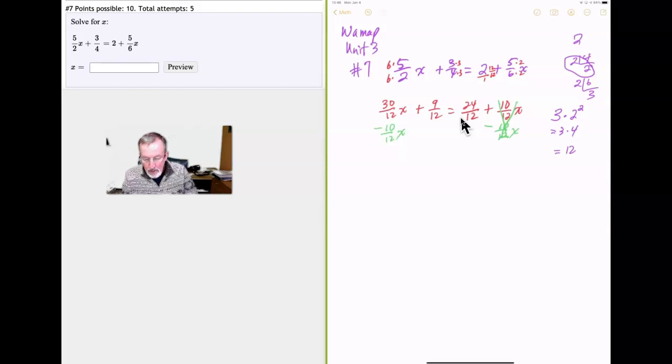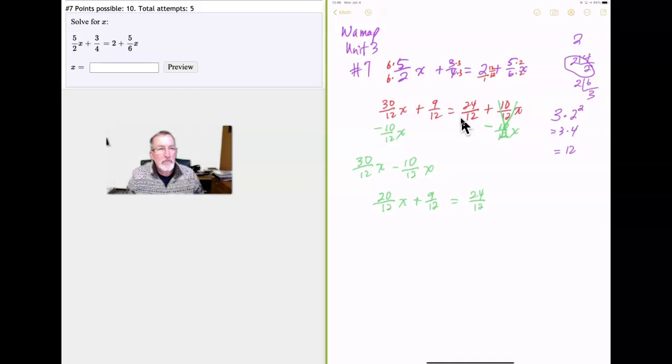And over here we have 30 twelfths x minus 10 twelfths x. So 30 twelfths minus 10 twelfths will give you 20 twelfths. 20 twelfths x. And that plus 9 twelfths is going to be equal to 24 twelfths.